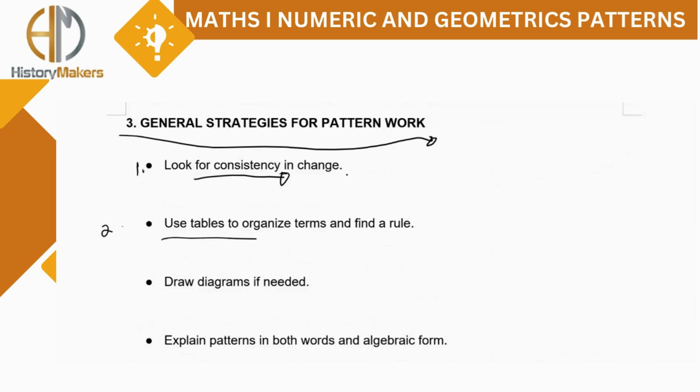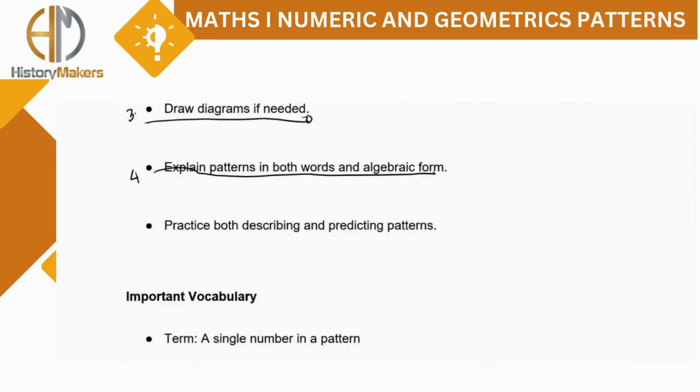Secondly, you use tables to organize terms and find a rule. Thirdly, you can draw diagrams if needed. And fourthly, you can explain the pattern both in words and in algebraic form. The fifth one is to practice both describing and predicting patterns.